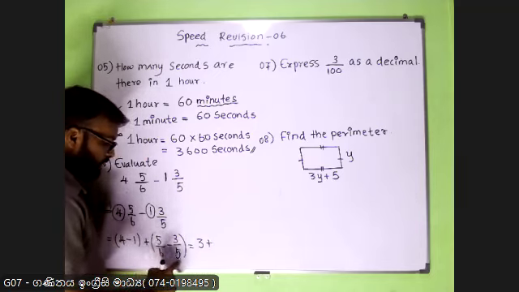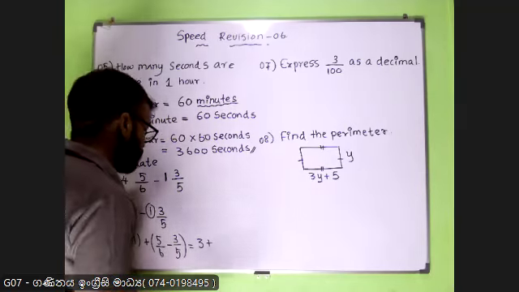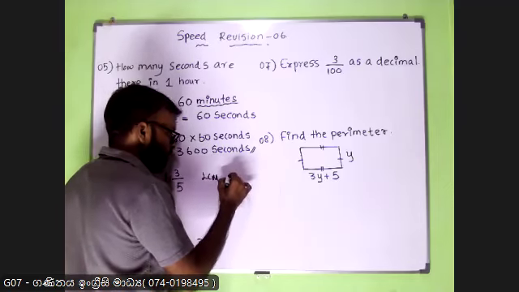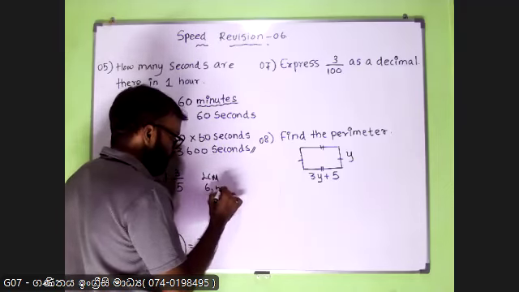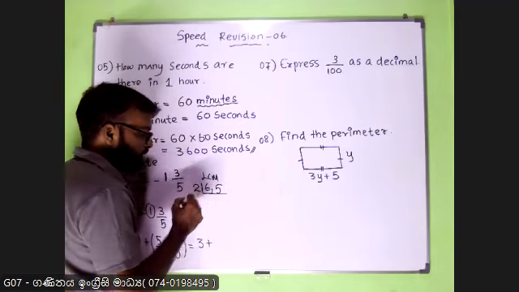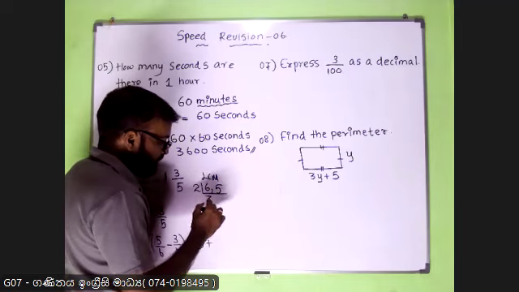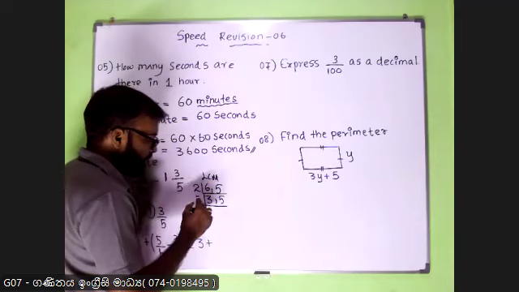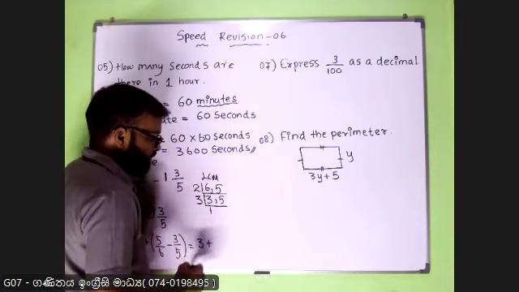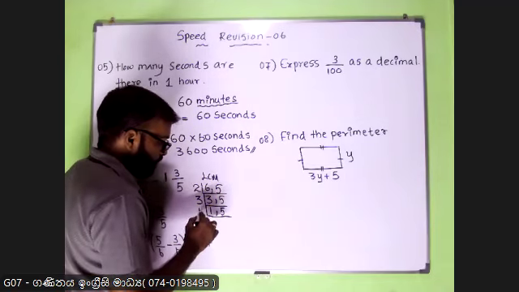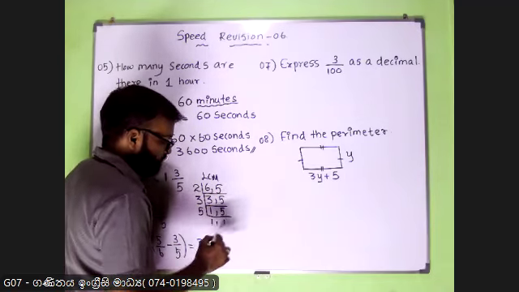Now these are different denominators. If you have different denominators, you need to find the LCM. How do you find the LCM of 6 and 5? You have to divide using the smallest prime factor. 2 times 3, 6, comma 5. Until you get 1 and 1, you have to divide. You cannot divide 5 by 3, so you use 5 to divide. 1 comma 1.